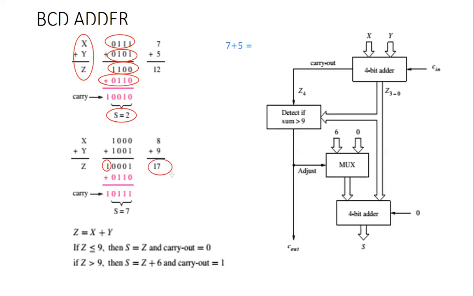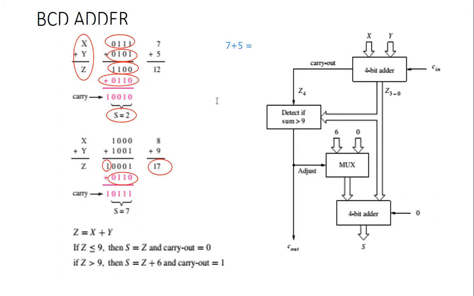I got a 17 over here, which clearly indicates that the number is greater than 9. So we have to add a correction of 6. Now when I add a correction of 6, I will get 7. So our sum is equal to 17.